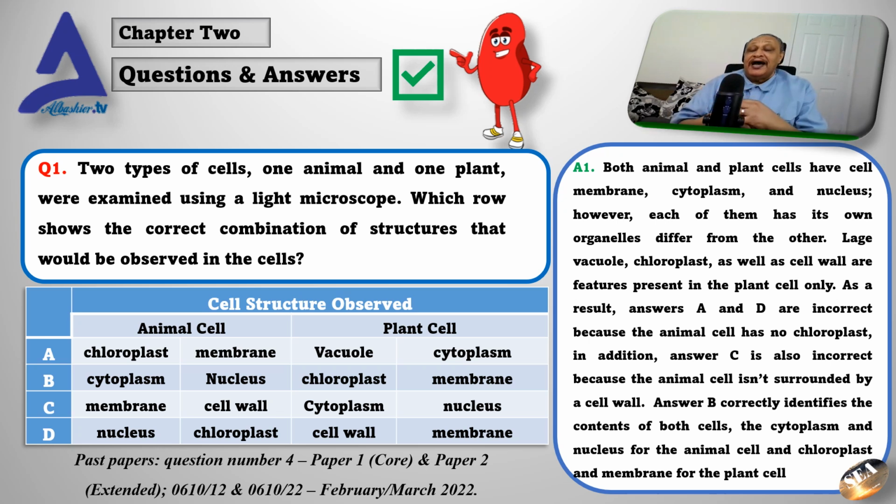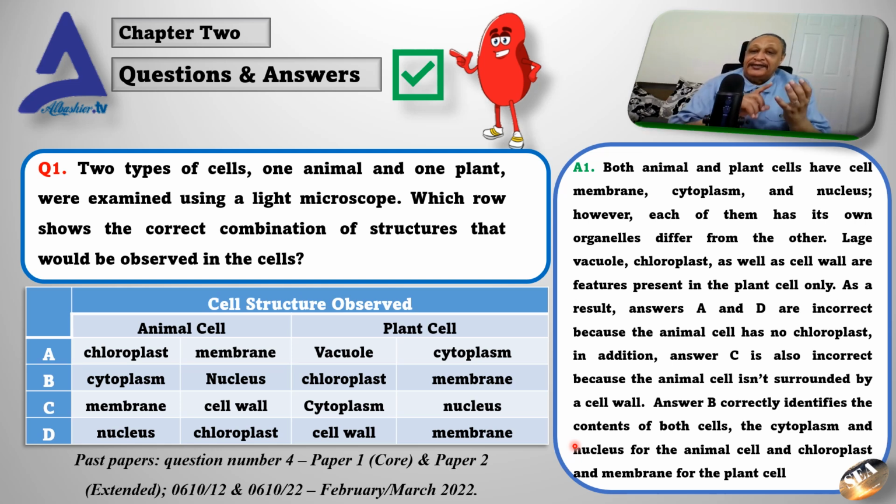Now let us see how I answered this question. Both animal and plant cells have cell membrane, cytoplasm, and nucleus. However, each of them has its own organelles that differ from the other. Large vacuole, chloroplast, as well as cell wall are features present in the plant cell.